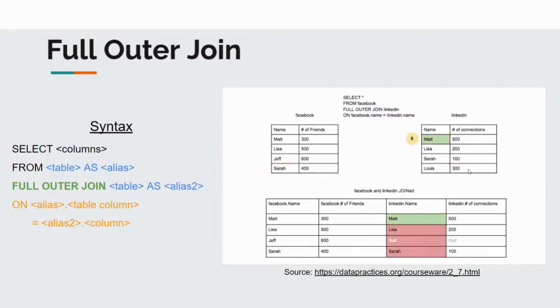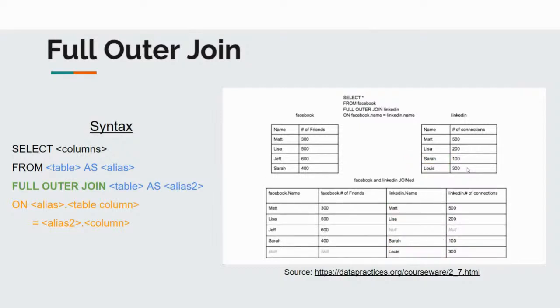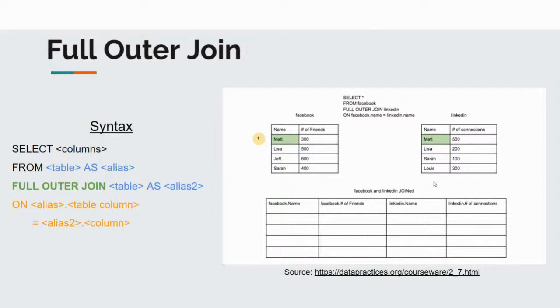And then it should give you information just where LinkedIn matches. It adds that row at the bottom because for Lewis, there's no match in table A. So we'll keep this information and make a fifth row on B.